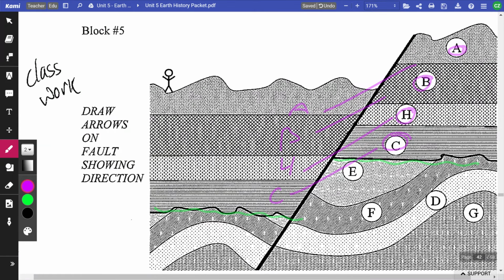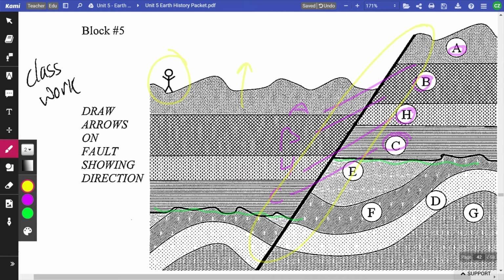Now what's happened? Well, this is where an experienced geologist would look a little deeper. But it appears that during an event, there was a fault. Okay, this is a faulting event. Now, because I know that this man is standing on the surface, there must have been uplift. Did that fault happen during uplift?